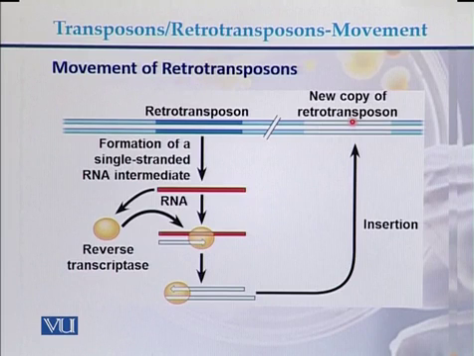So for the movement of retrotransposons, the intermediate is RNA. There is a formation of single-stranded RNA that acts as the intermediate, and it is first converted into DNA, and then that DNA is inserted into another location. So this is how retrotransposons move from one place of the genome to another place.